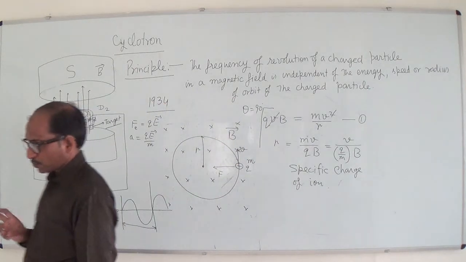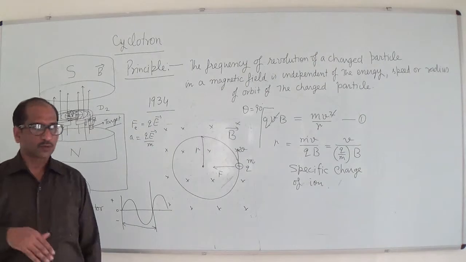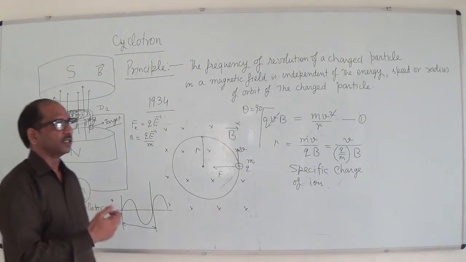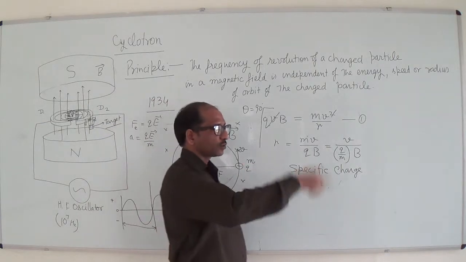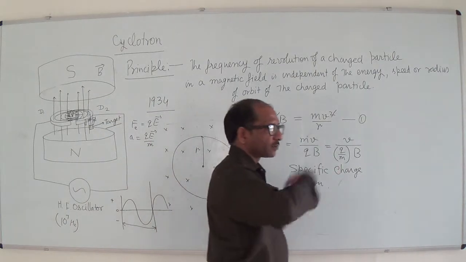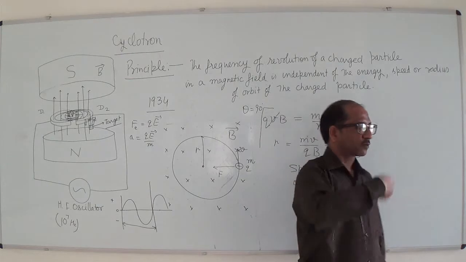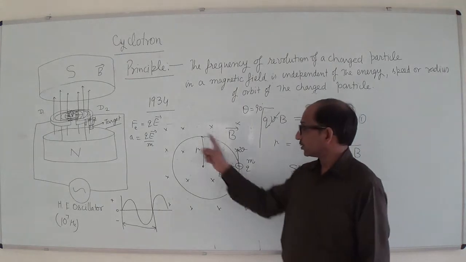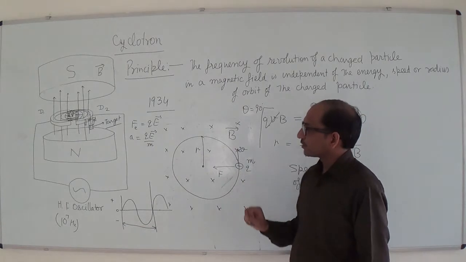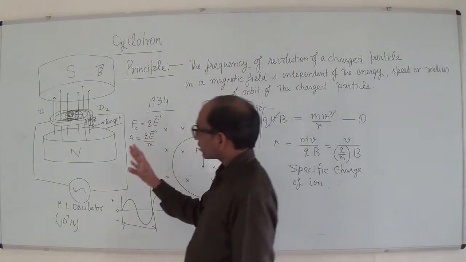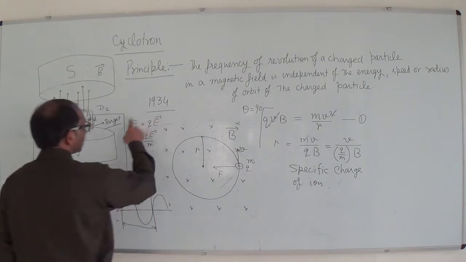The electric field is responsible for accelerating the ion. The magnetic field's contribution is just to revolve it into the circle.